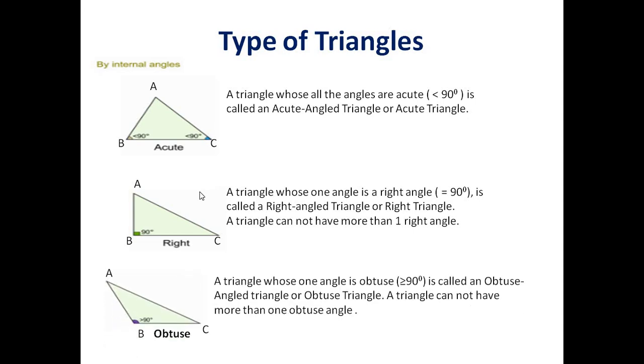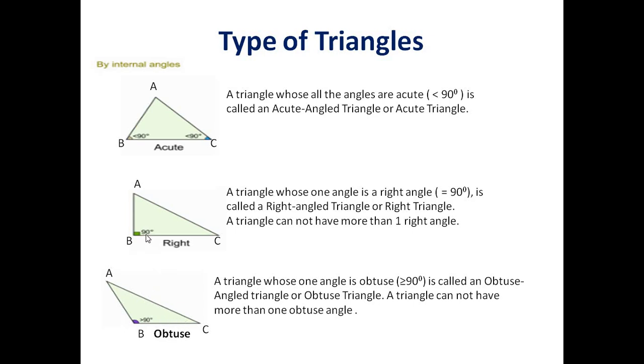And the last one is the obtuse angle triangle. A triangle with one angle which is obtuse, greater than 90 degrees, is called an obtuse angle triangle or obtuse triangle, and a triangle cannot have more than one obtuse angle. If you look here, it has an obtuse angle. That means the rest of the angles should be less than that value, because when you add all three angles, the sum should be equal to 180 degrees.